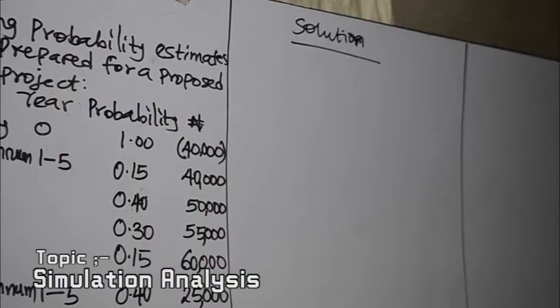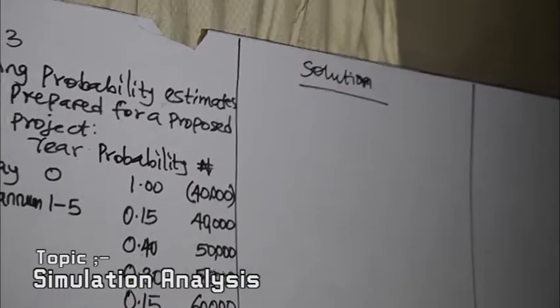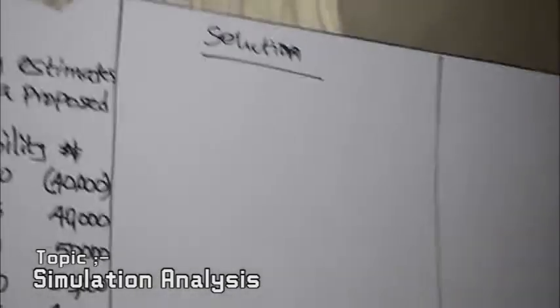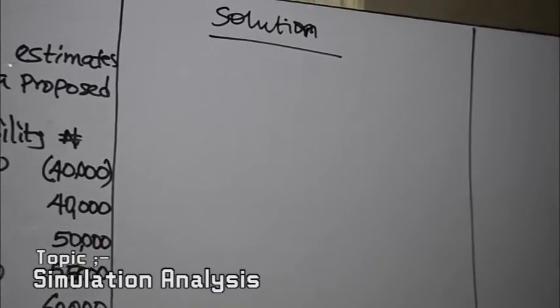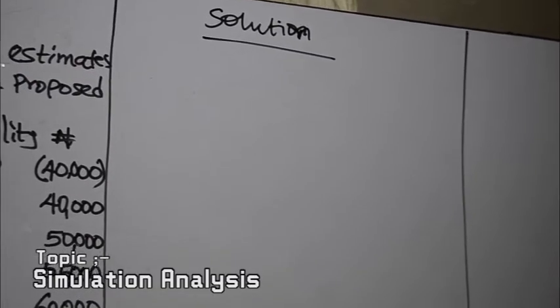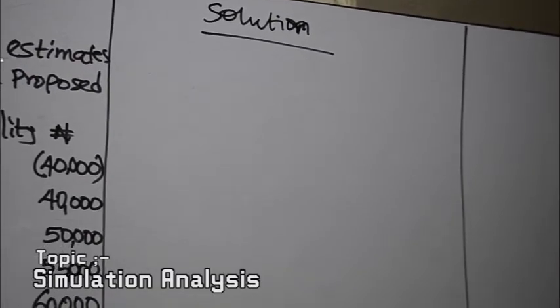So remember the steps I've given to you. The first step is to assign random numbers to revenue.